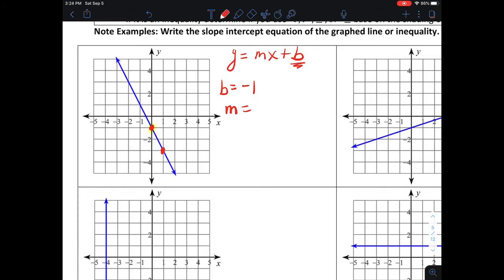So I go down 2, right 1. So my slope, being rise over run, or change in y over change in x, is going to be -2 over 1, which is the same thing as -2. So the equation of this line would be y equals -2x minus 1.